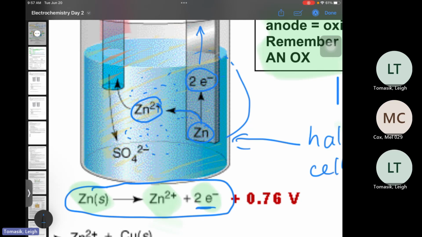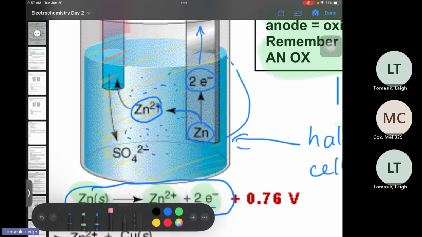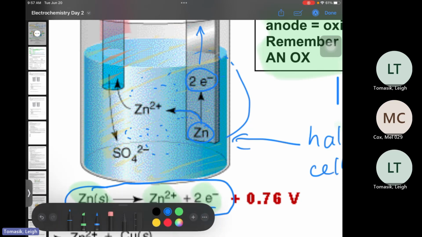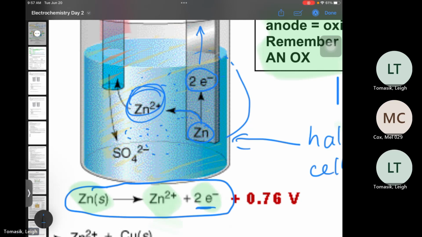Over time, as this reaction happens not once, but millions and millions of times, we are going to have a buildup of many of these zinc 2 plus ions in solution. But this is going to create problems for us, because it becomes sort of an equilibrium situation.